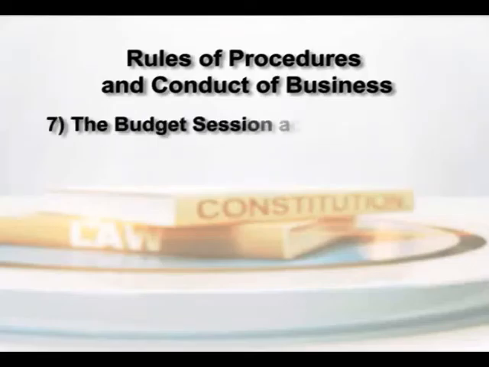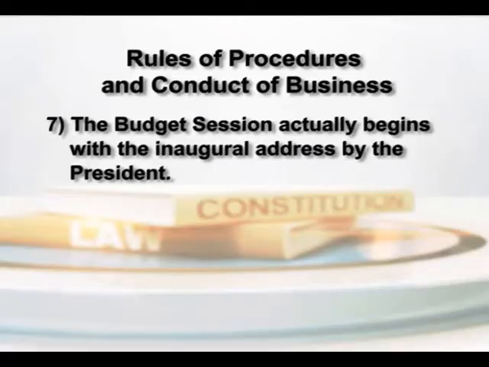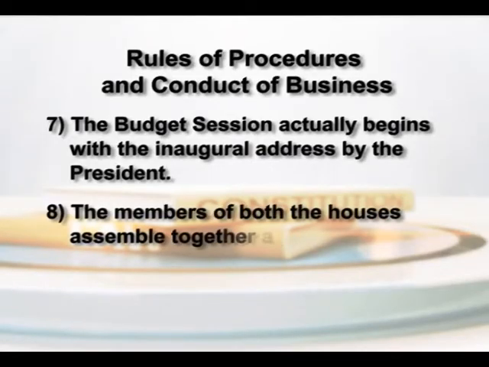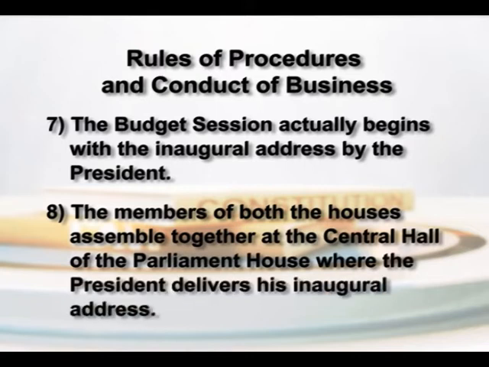The session actually begins with the inaugural address by the President. The inaugural address is given by the President and it is meant for both the houses of the Parliament. So the members of both the houses assemble together at the central hall of the Parliament House and the President delivers his inaugural address.